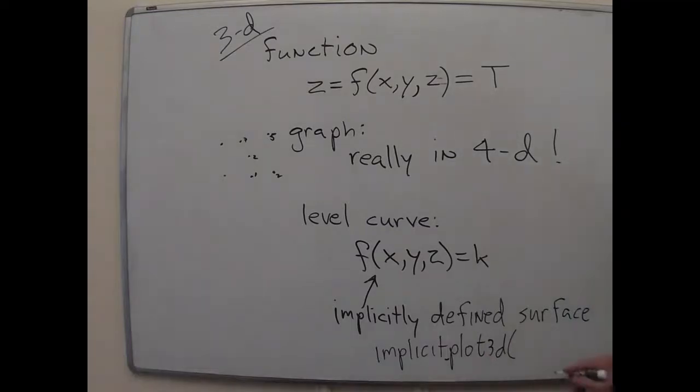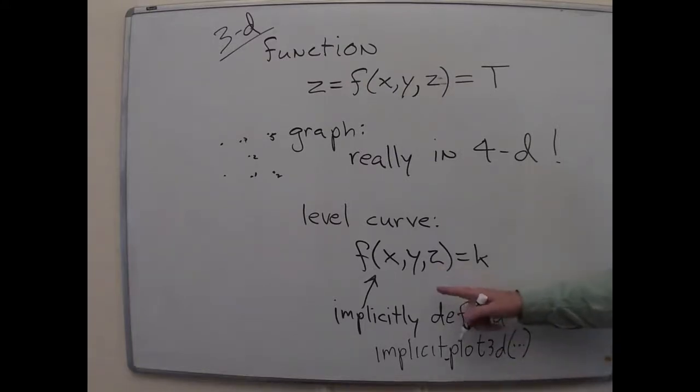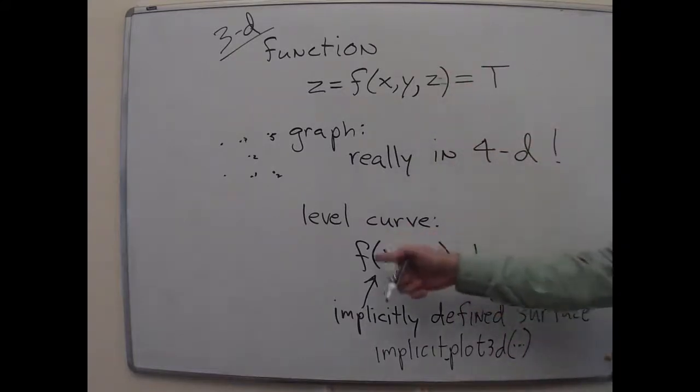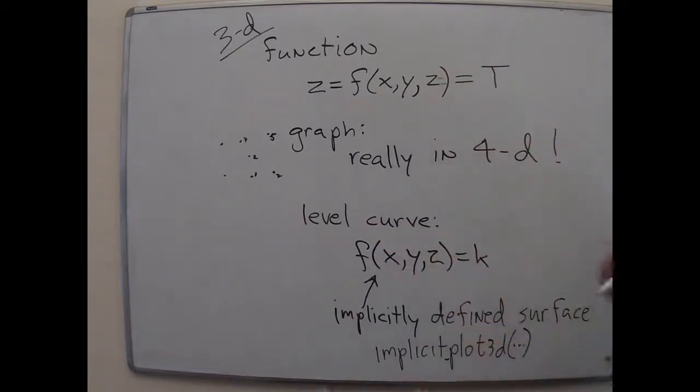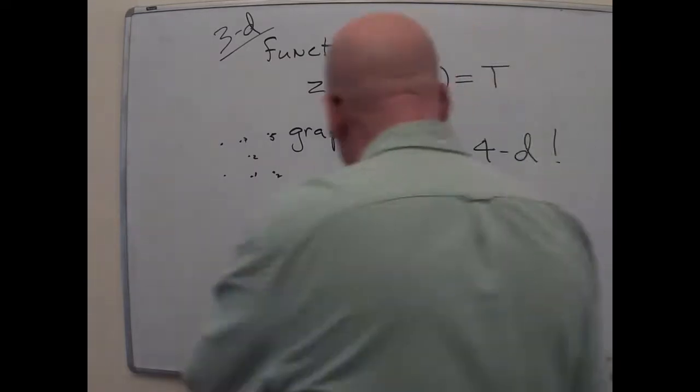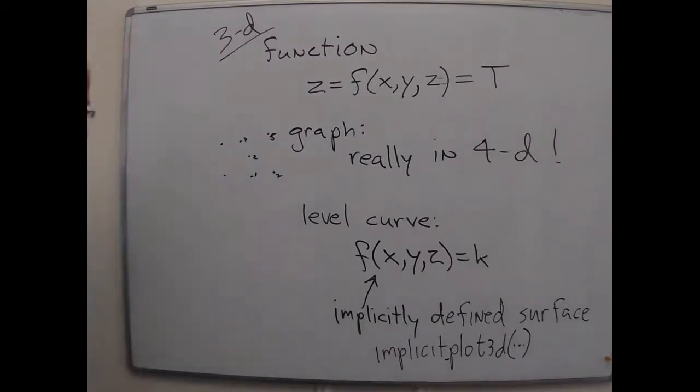I'm not going to show the arguments to it, but that's exactly what this implicit plot function is for. When you don't have it solved as z equals some function of x and y, but just some relationship between x, y, and z that's equal to k, or you can also move the k to the other side and have something equal to 0.